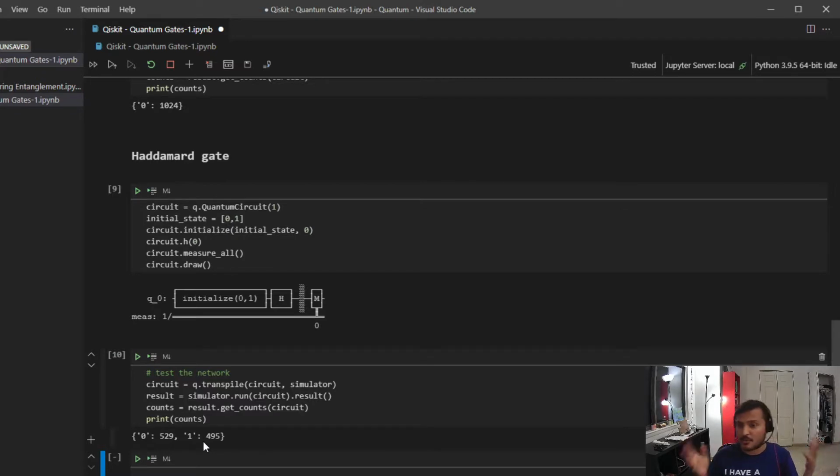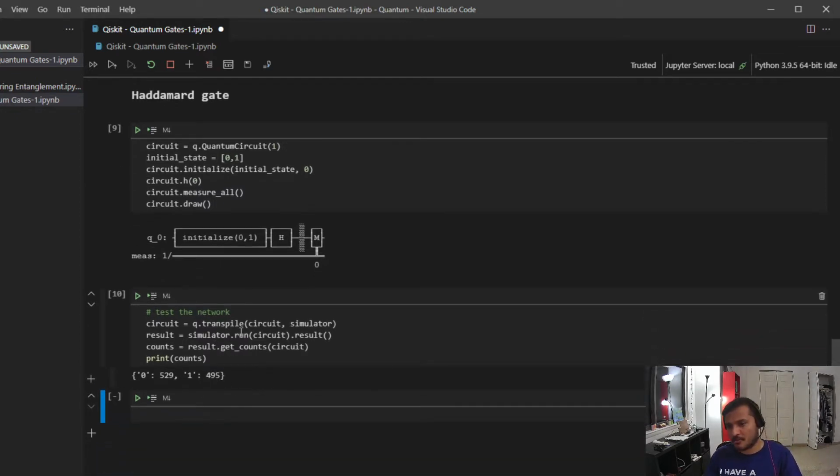And again, even if you run it on a quantum computer, there would be a difference because it's like a coin toss, right? If you toss a coin 10 times, just because the probability is half doesn't mean you're going to get 5 heads and 5 tails. It's sometimes going to go one way or the other a bit. But more or less, these numbers are equivalent, and that is what I wanted to show.